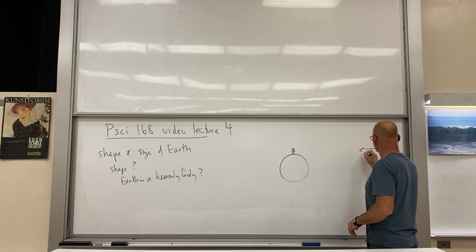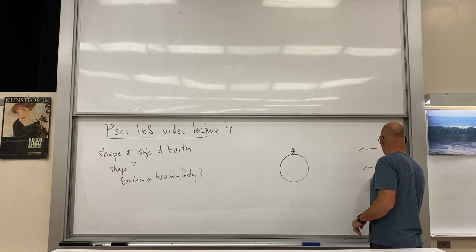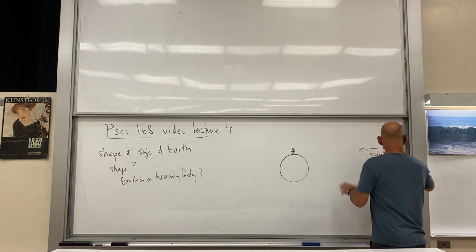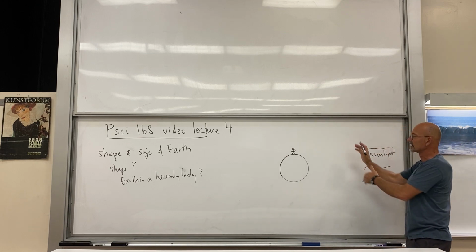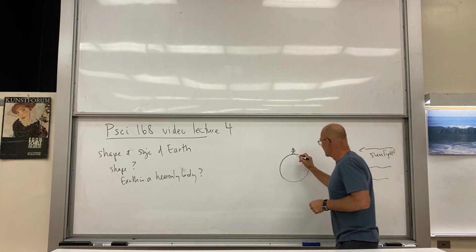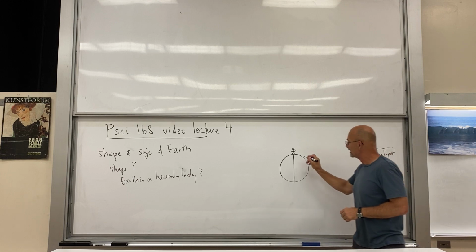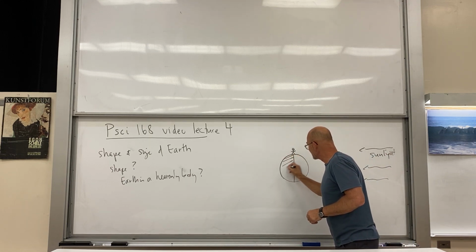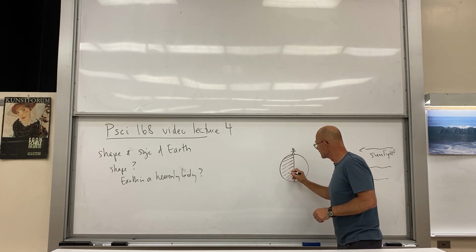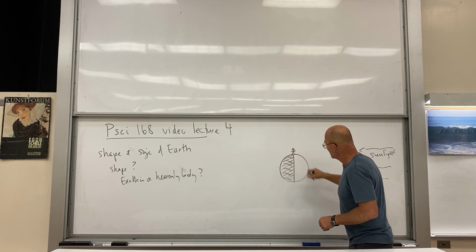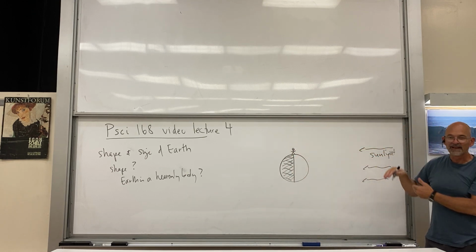And the sunlight is coming in from here. The sun is at some great distance. Sunlight is coming in right here. And for one thing, you can say this side of the Earth will be dark, and this side facing the sun will be light.